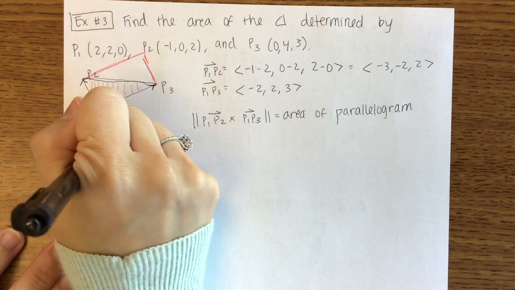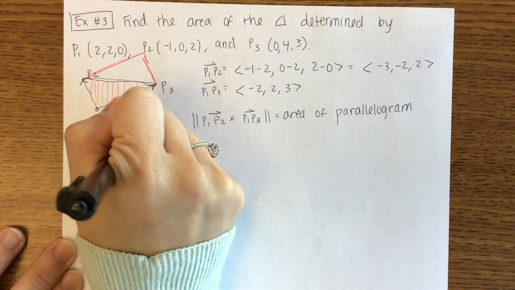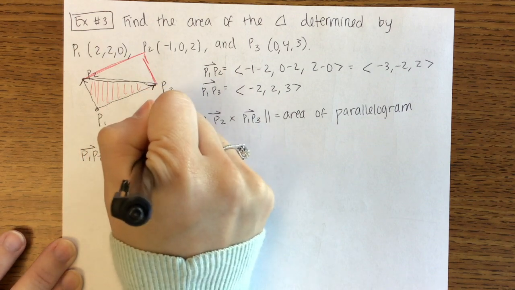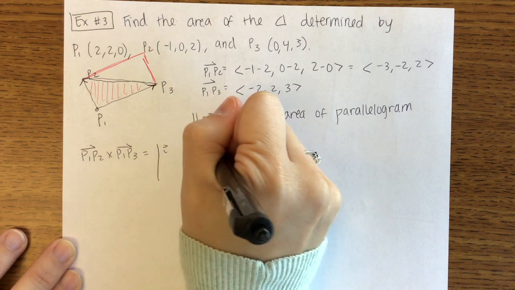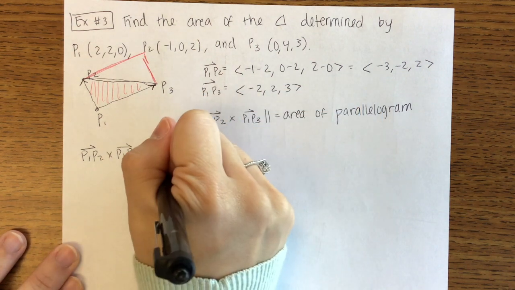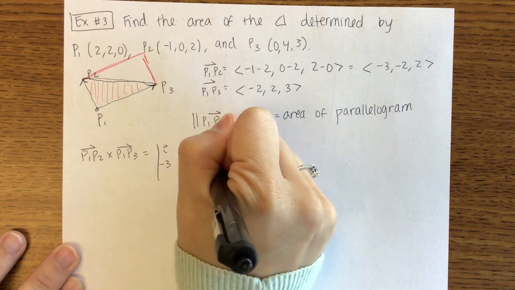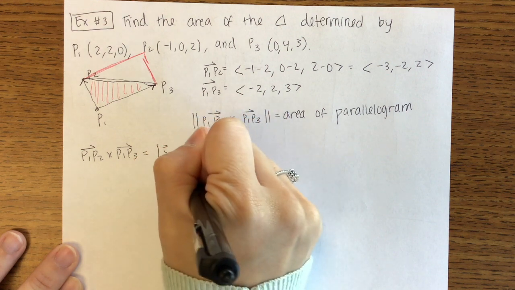We have P1, P2 crossed with P1, P3. We have our IJK, -3, -2, 2, -2, 2, 3.